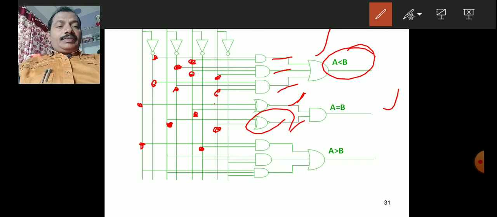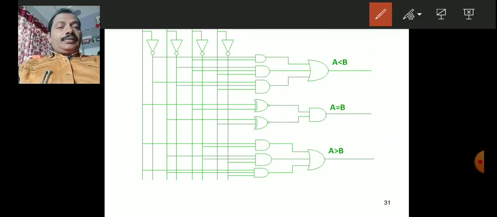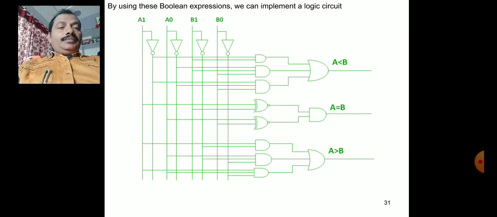For the second term, this is A0 and this is B1 bar. Next, this is B0 bar, like that you connect. Similarly, connect this also, and all these three outputs you connect to an OR gate. Finally you get the A greater than B. So this is the way of connection that you have to do, and we have implemented the circuit of the 2-bit binary comparator.